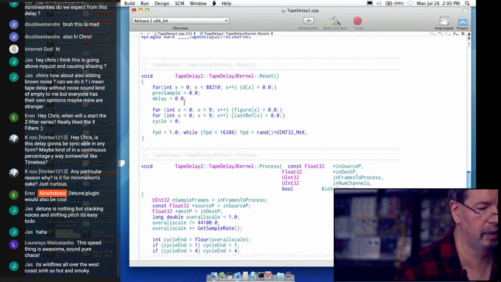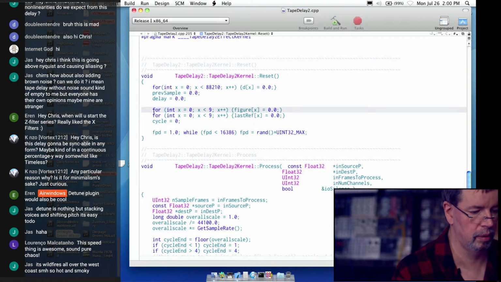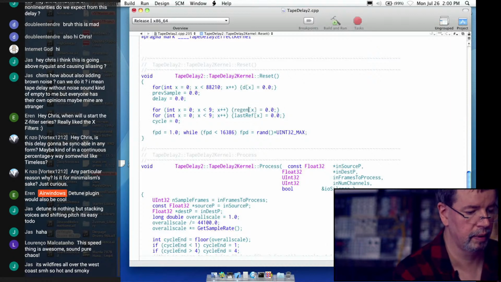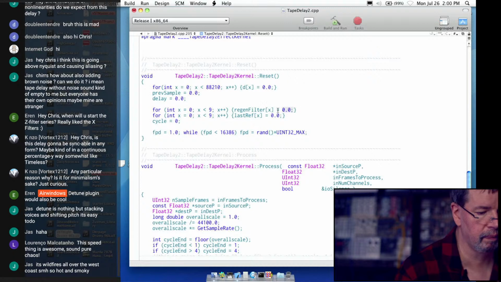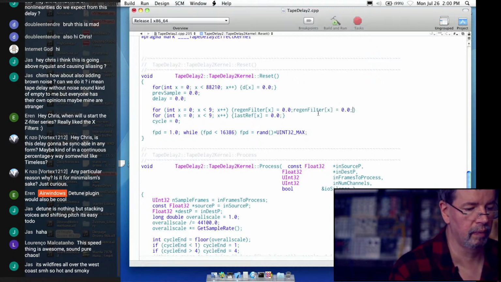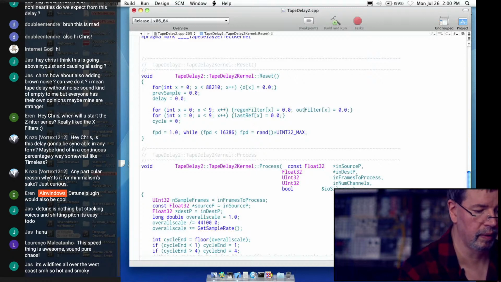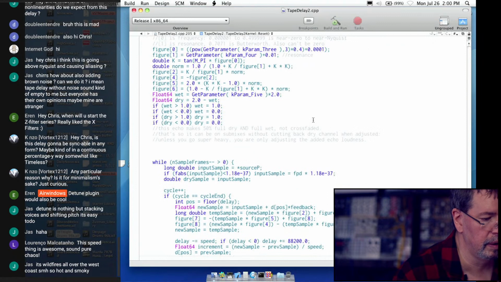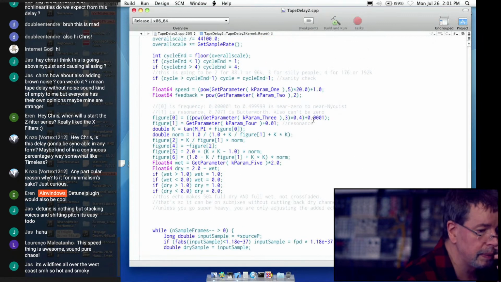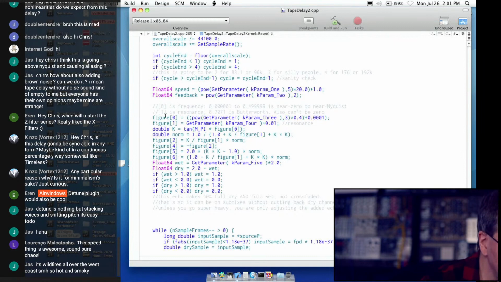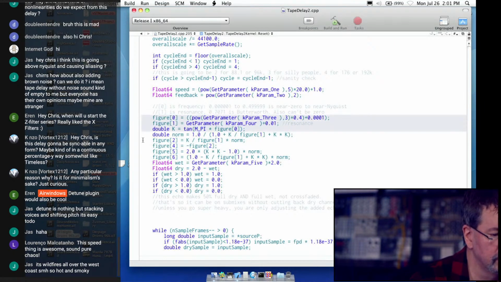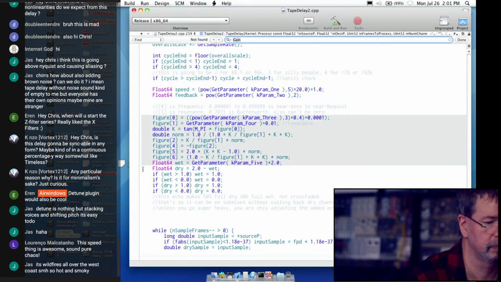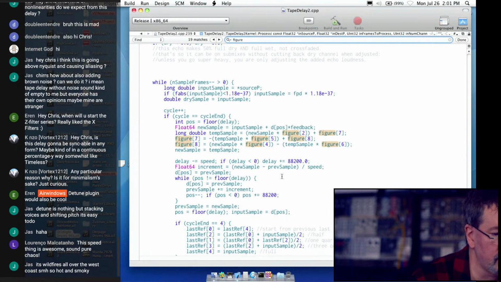Then now I got to change all these everywhere it's found.